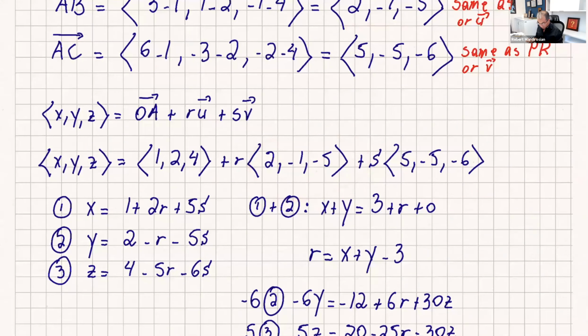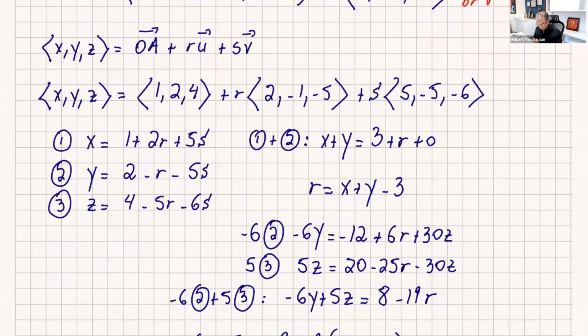You just substitute. Here you're going to get three equations. Number one, x equals 1 plus 2r plus 5s. y equals 2 minus 2r minus 5s, and I have it here. And z is 4 minus 5r minus 6s, which is right here.